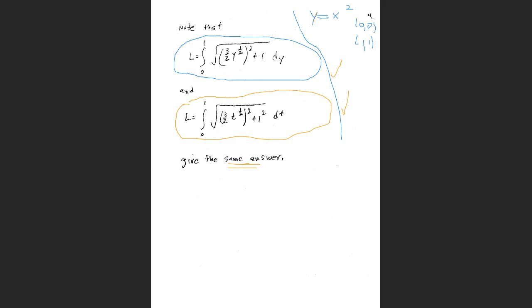Let me go to the whiteboard and show you here. Say you have y equals x squared that goes from 0, 0 to 1, 1. Now you can graph that, no problem.